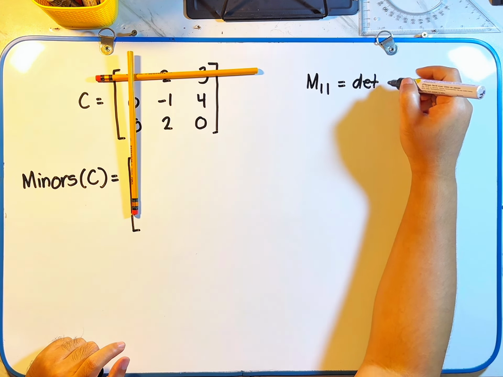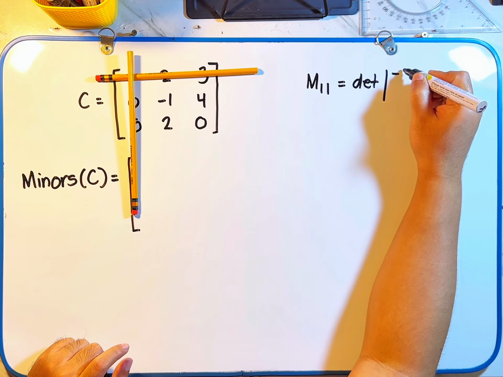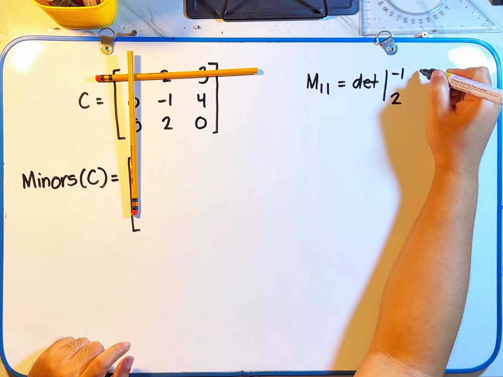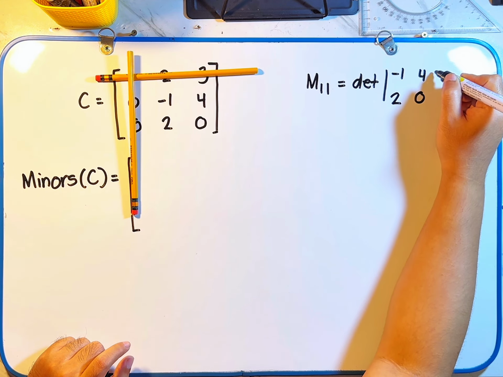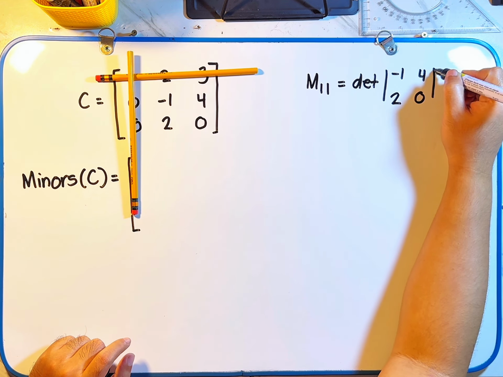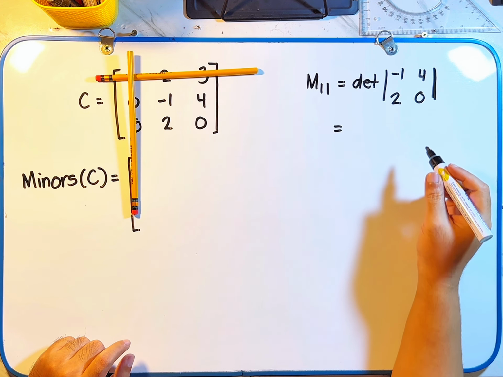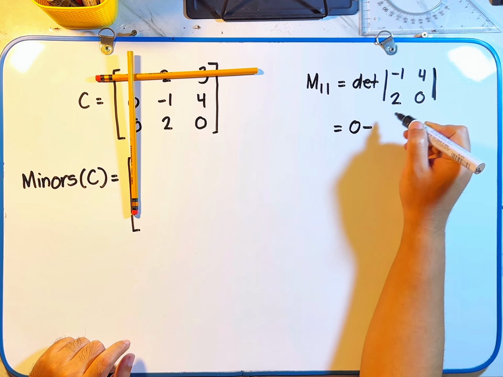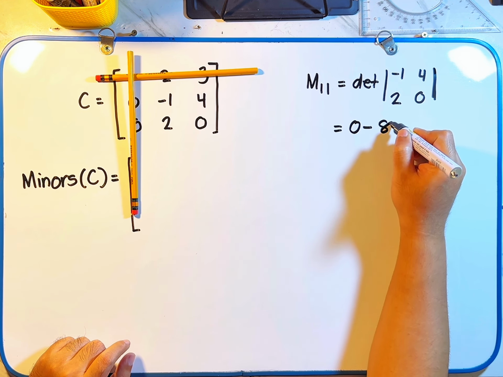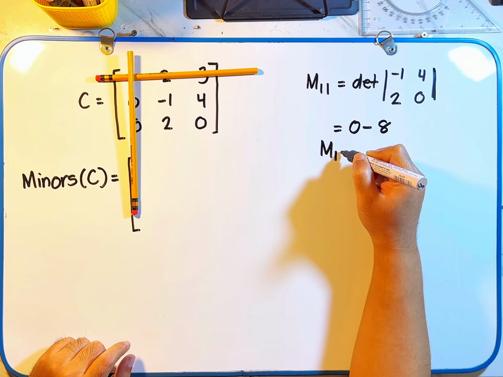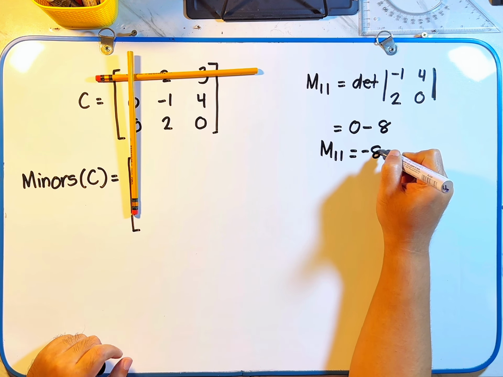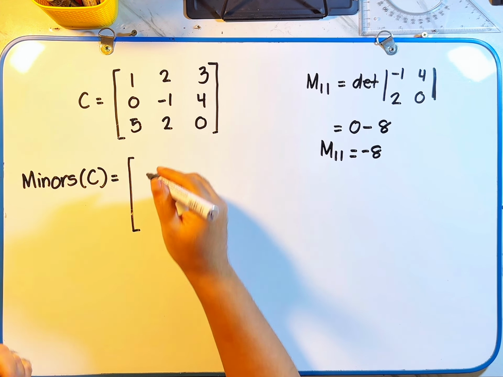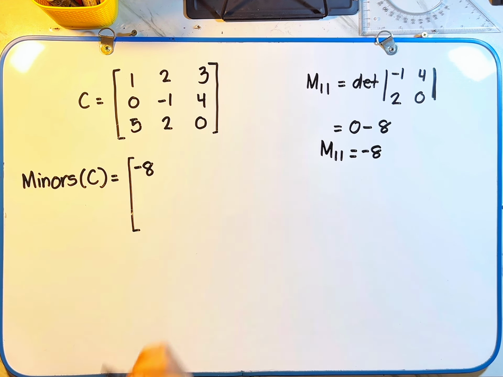So let's find the determinant of the 2 by 2 matrix: negative 1, 2, 4, 0. That's it. So what's the determinant? Negative 1 times 0, that's 0, minus 2 times 4 is 8. Therefore, M11 is equal to negative 8. Therefore, we will write negative 8 right here.